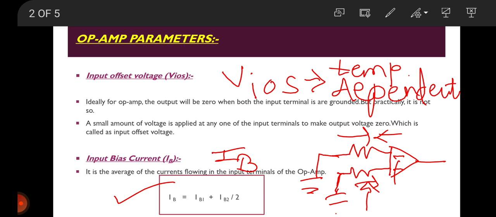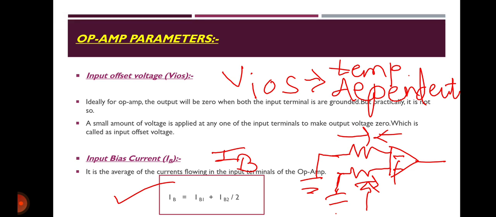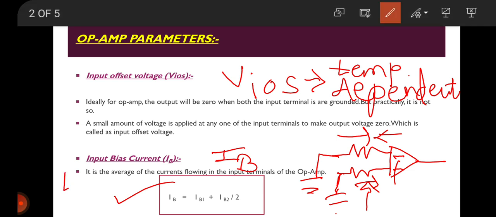The maximum value of this input bias current is 50 nanoampere for IC 741. The value of input bias current is also temperature dependent.